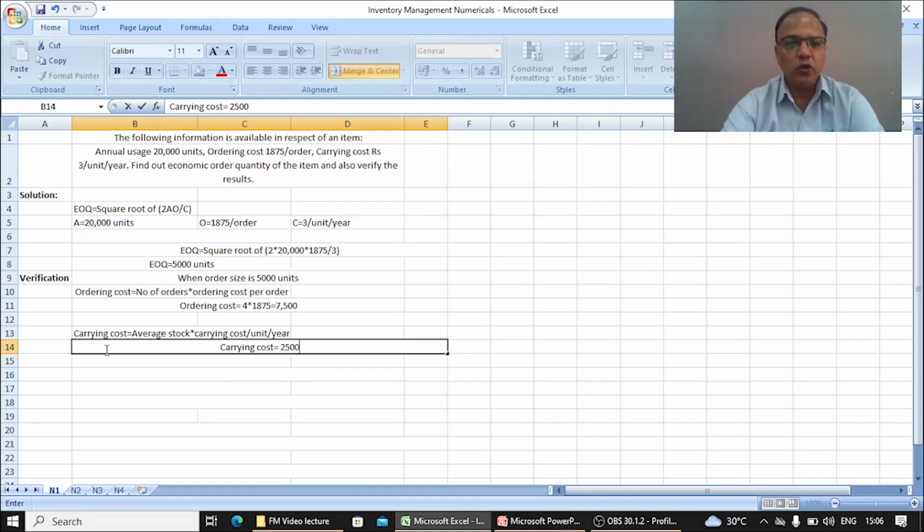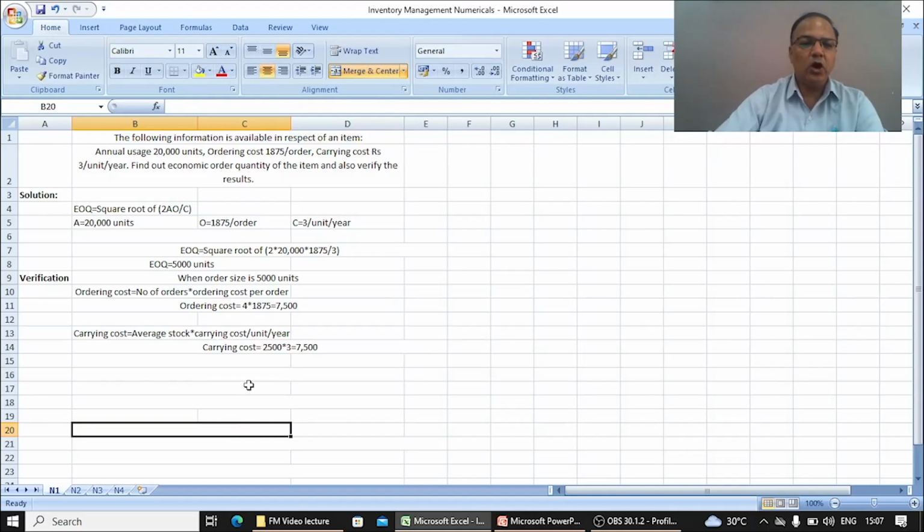Here EOQ is 5,000, order size is 5,000. So average stock is equal to 5,000 by 2. It will be 2,500. Now multiply by carrying cost per unit. It will be 7,500. It's ordering cost and its carrying cost.